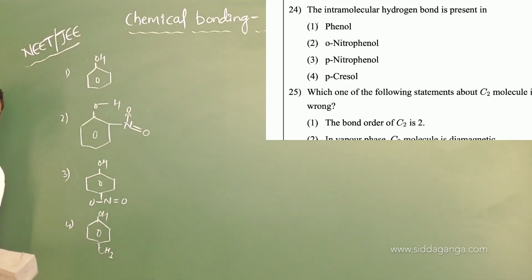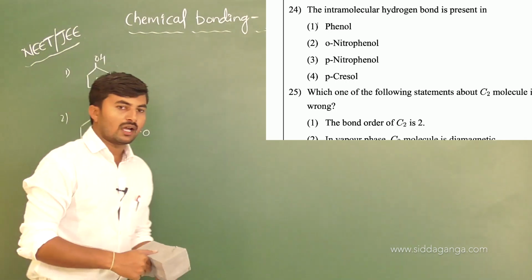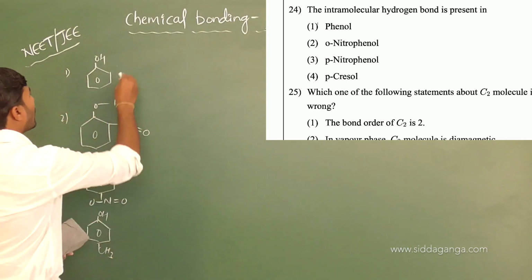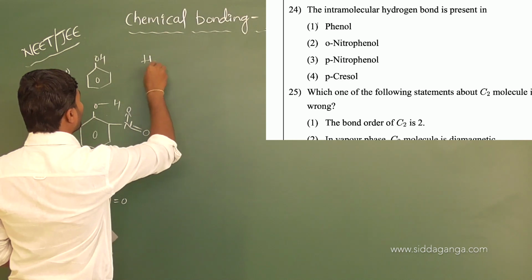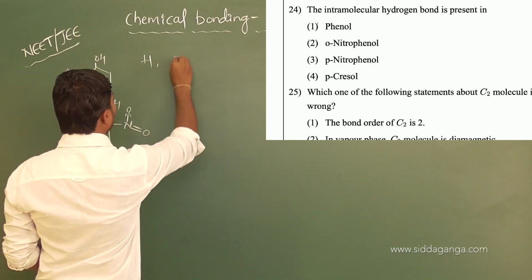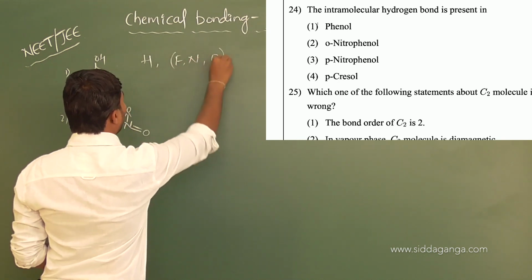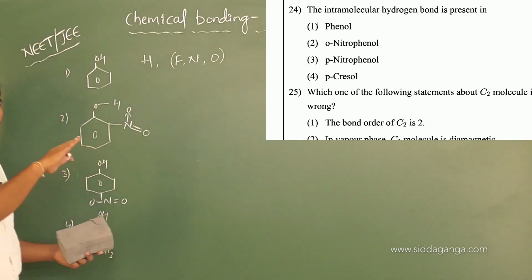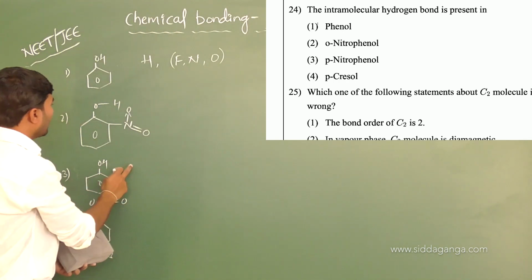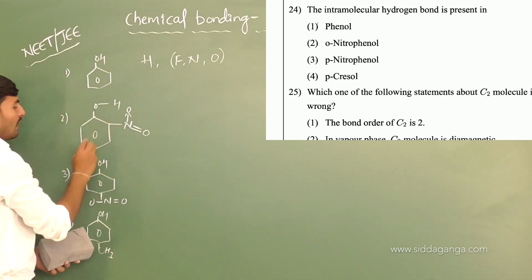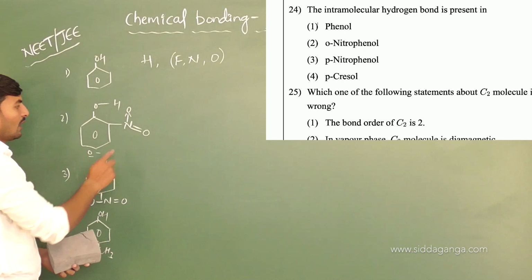Okay, while learning about hydrogen bonding, you must know that hydrogen bonding takes place between the hydrogen atom of one molecule and the most electronegative atoms like fluorine, nitrogen, oxygen of the same molecule or different molecules. Here this is an ortho substituted product, orthonitrophenol.